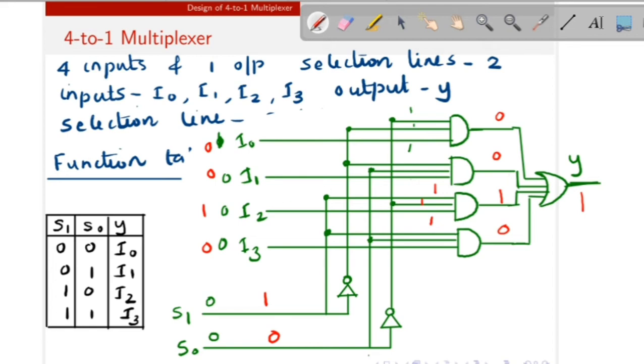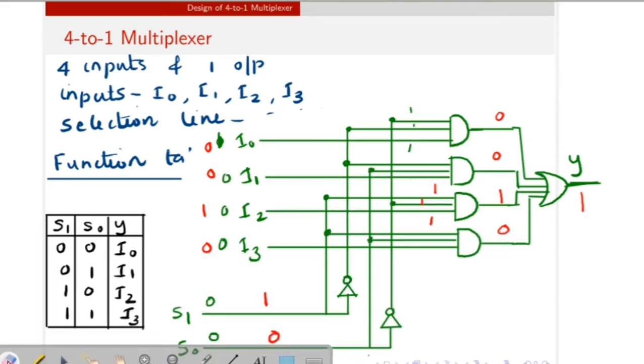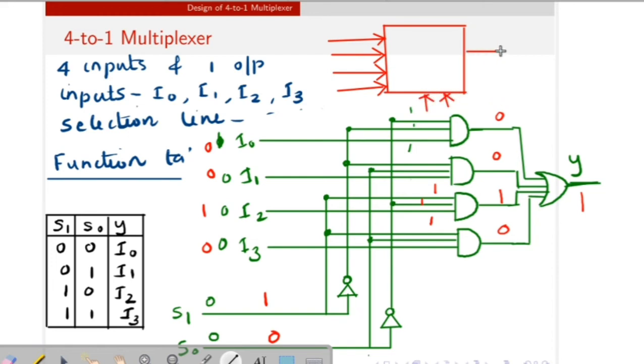Clear? Next we can draw the block diagram for this 4-to-1 multiplexer. The 4-to-1 multiplexer has 4 inputs, so a box with 4 inputs, then 2 selection lines, then 1 output.